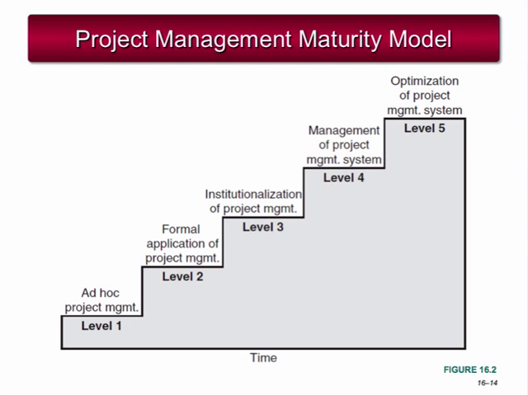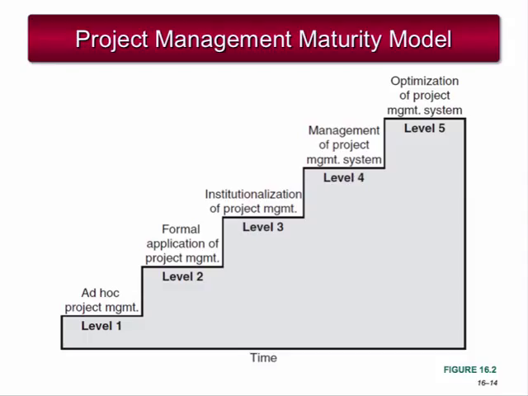This slide provides a closer look at the Project Management Maturity Model. It lists the 5 levels beginning with ad hoc project management, which means no consistent project management process is in place. Level 2 is the formal application of project management. It's where the organization applies project management procedures and techniques. Level 3 is the Project Management Institute, or PMI.